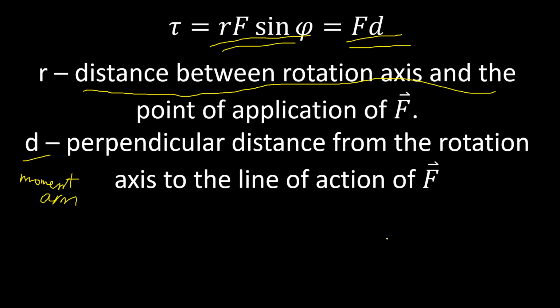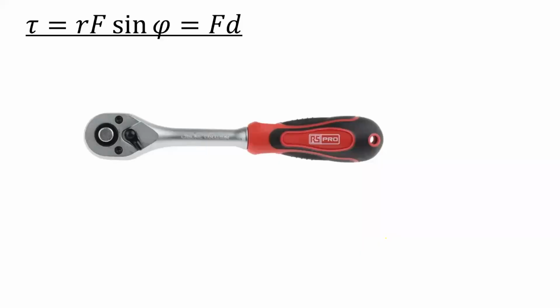So let's look at one example. So this is the axis of rotation here, and this one, let's say this is the point of application of the force. And phi here, right? This is the y component of the force. You might be interested in that.